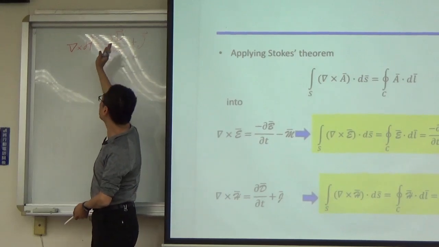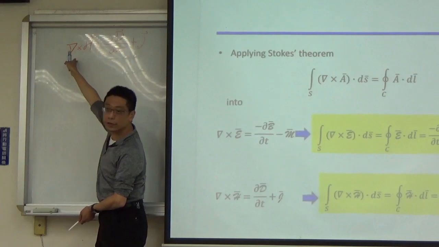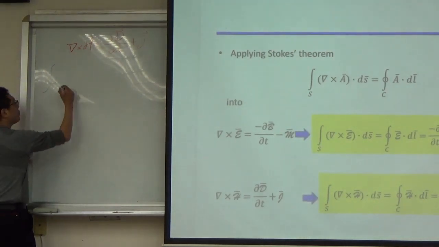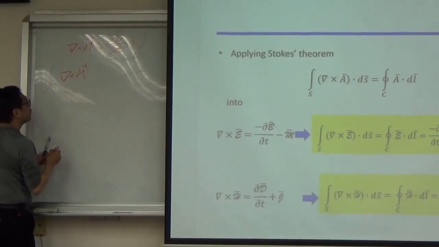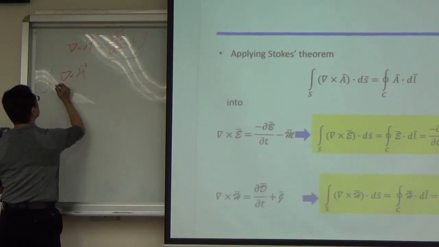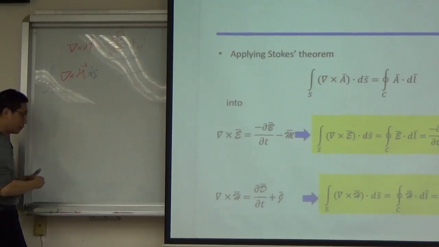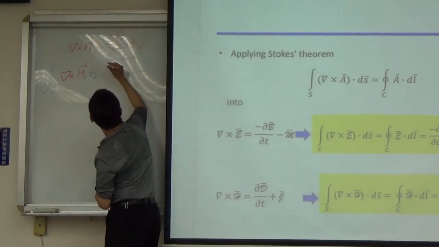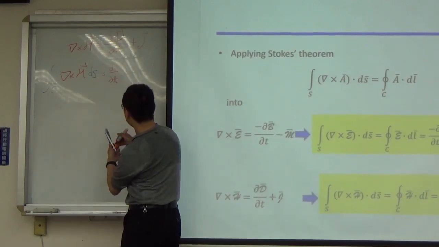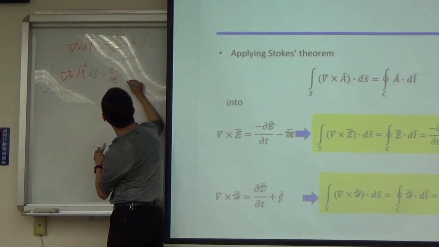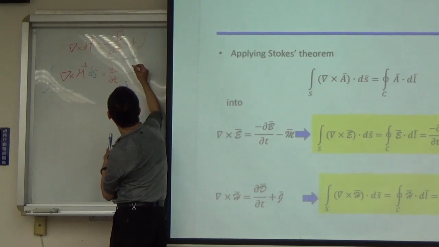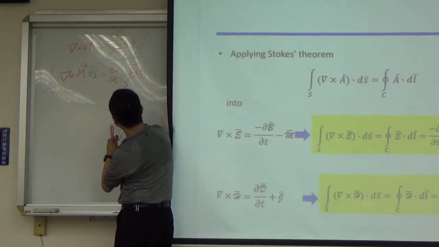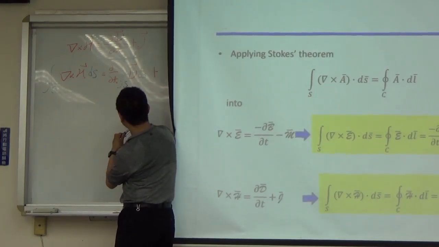If I take the surface integral of the curl of H, it equals, taking the derivative outside, the surface integral of D dS plus the surface integral of J dS.